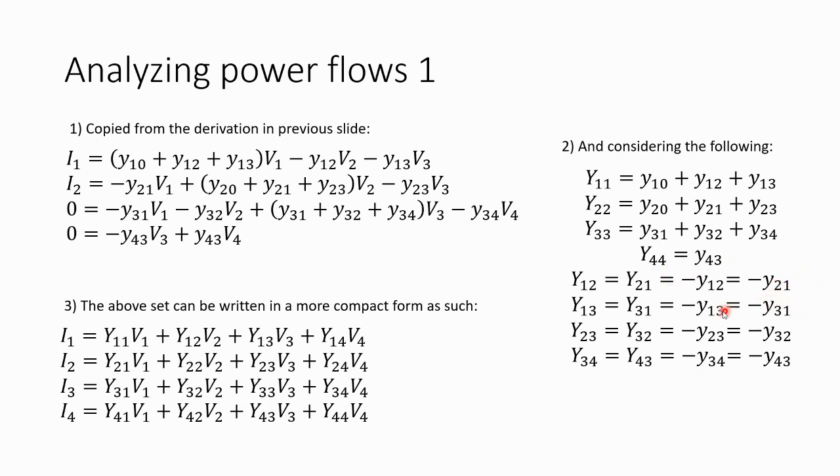Okay, and another example, we know that negative y13 is the same as negative y31, and we define negative y13 as Y13, and we define negative y31 as Y31, and if these two are the same, then these two are the same.